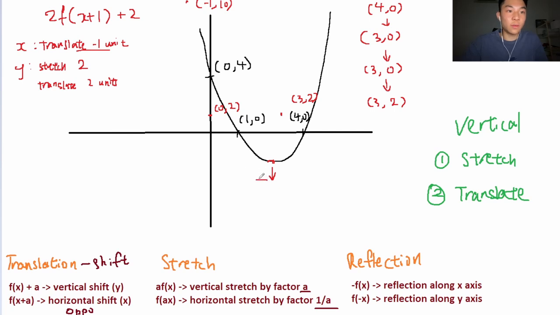That means our coordinate will move to here. So this is like a rough estimate, but it's pretty important. So my new graph will look something like this. And let's label it 2 f of x plus 1, plus 2. And that's my answer.